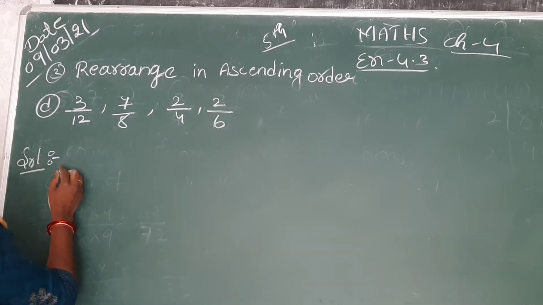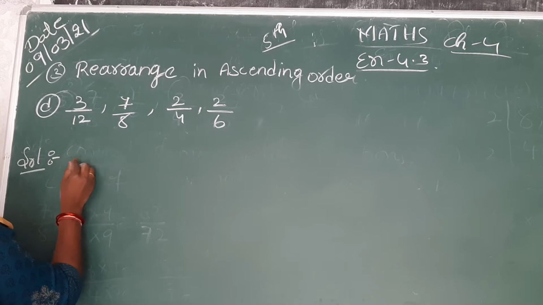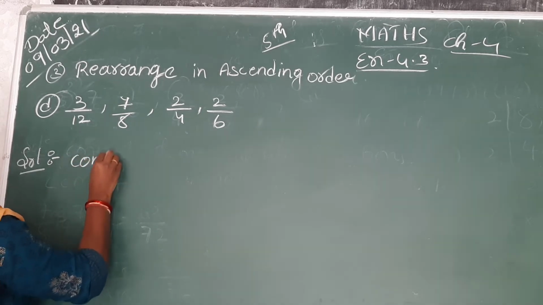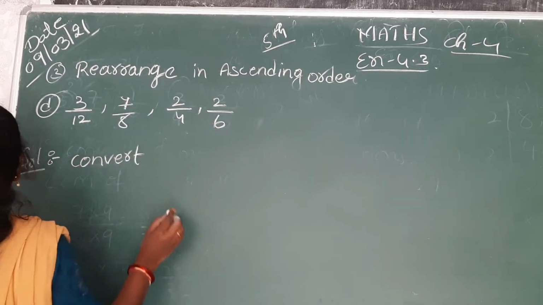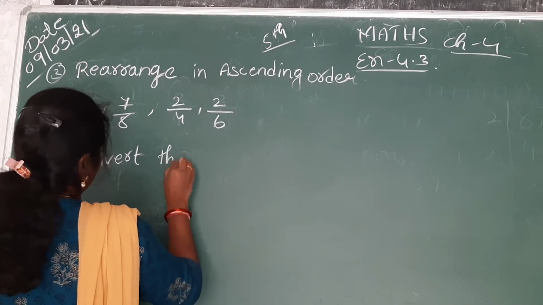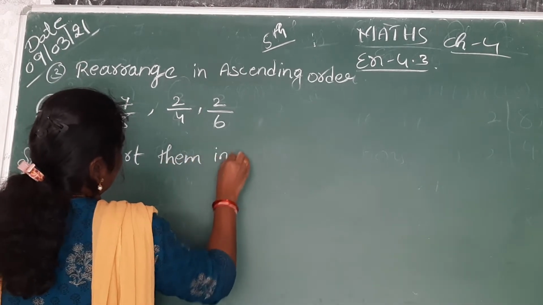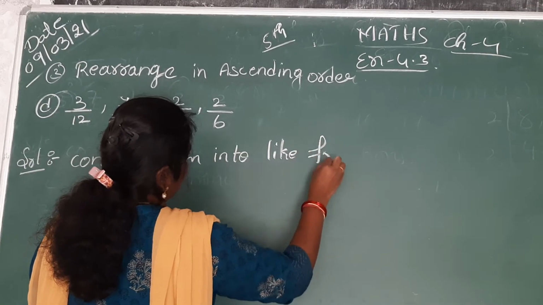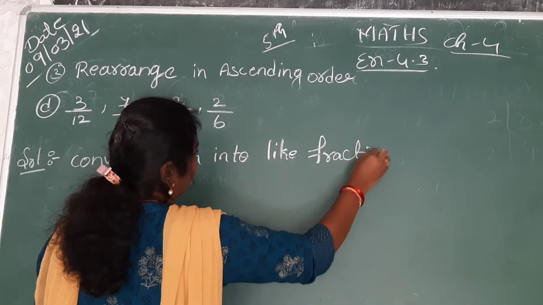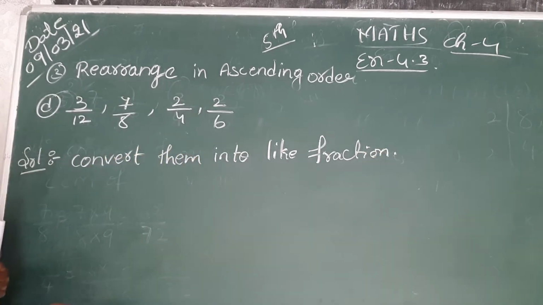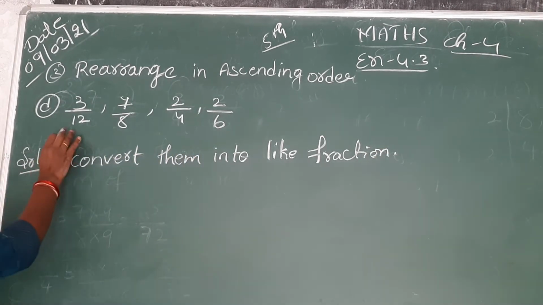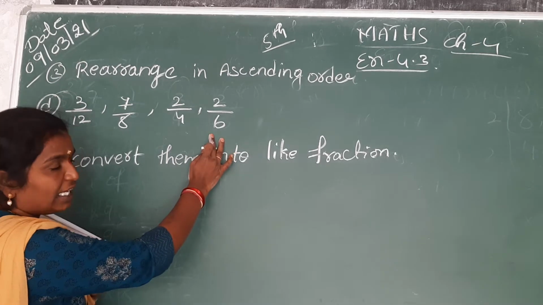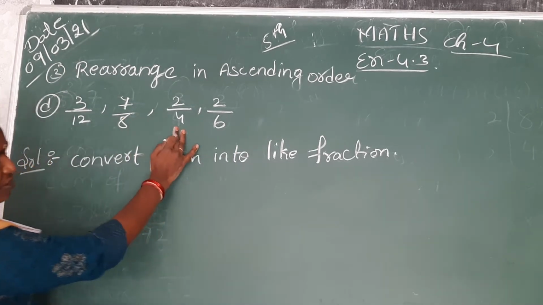First step is convert them into like fractions. When we convert to like fractions, we will get the same denominators. At that time we can easily write the ascending order for the fractions.